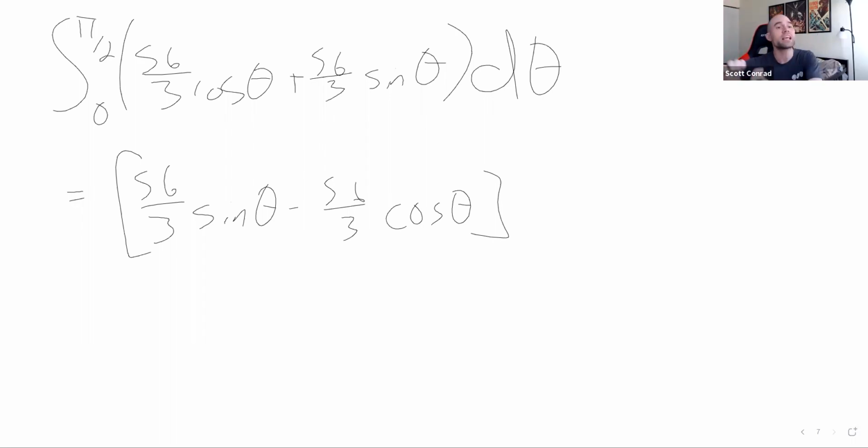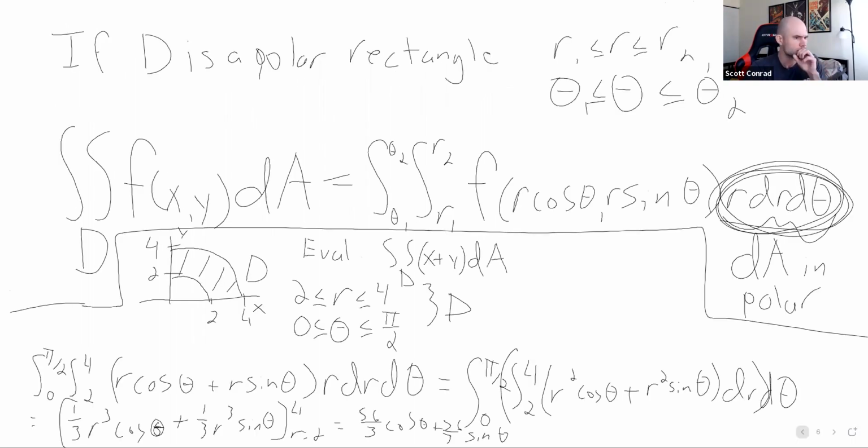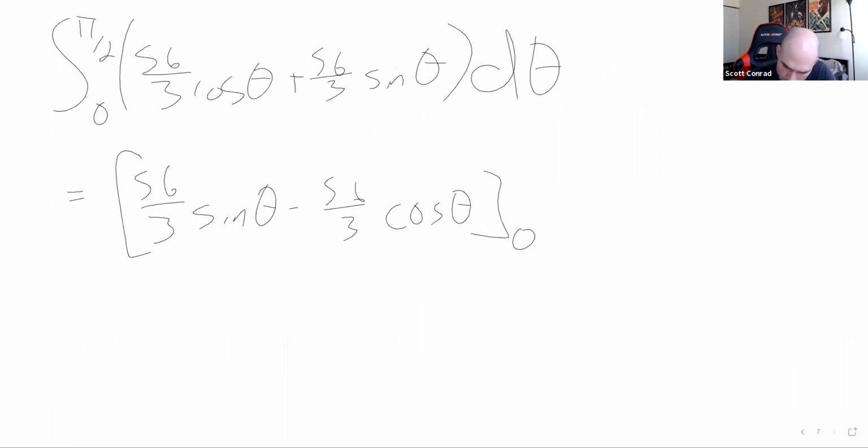So you're thinking of it like x in this case. Do you see why it's not cos squared and sine squared in this case? So theta equals 0 to pi over 2, and when we do that, we get, sorry, this took longer than I wanted, 112 over 3.